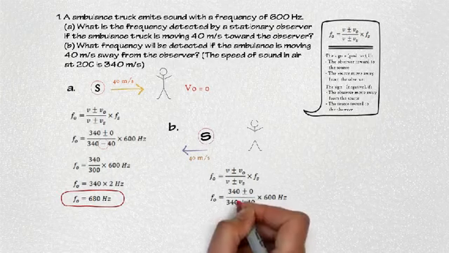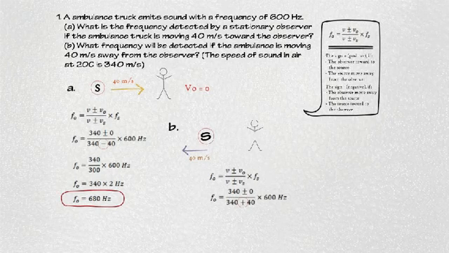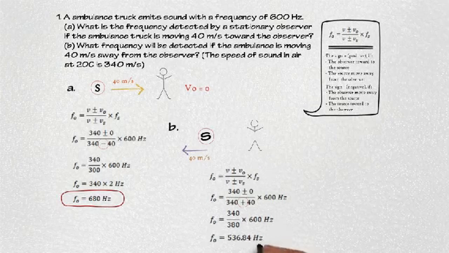The velocity of the source has a positive value. Why? Because the source is moving away from the observer. So the velocity has a positive value and the frequency of the observer is 538.84 Hz.